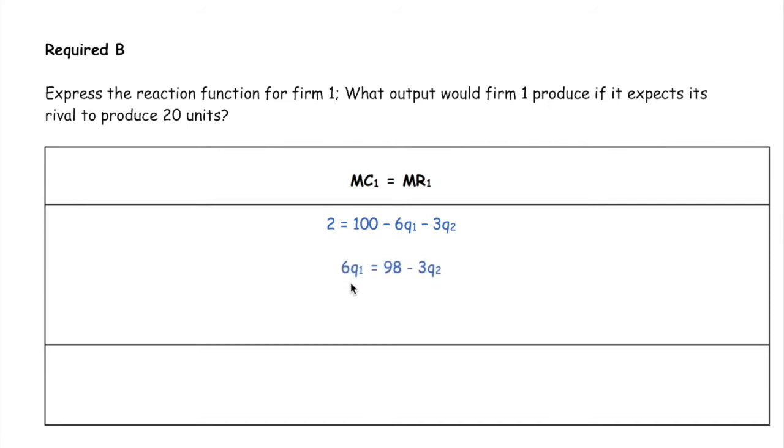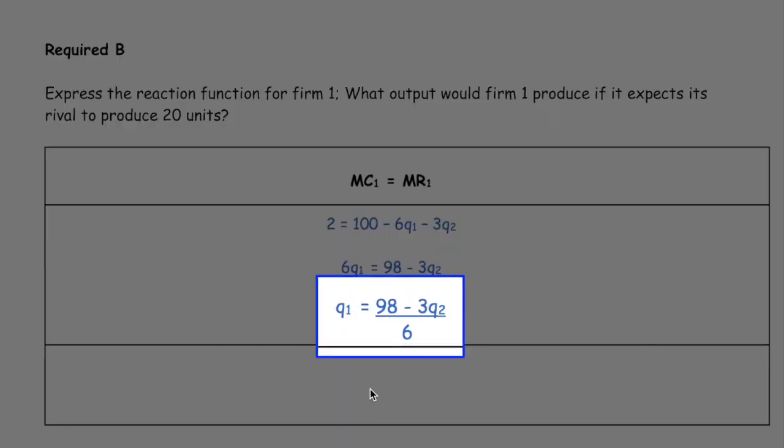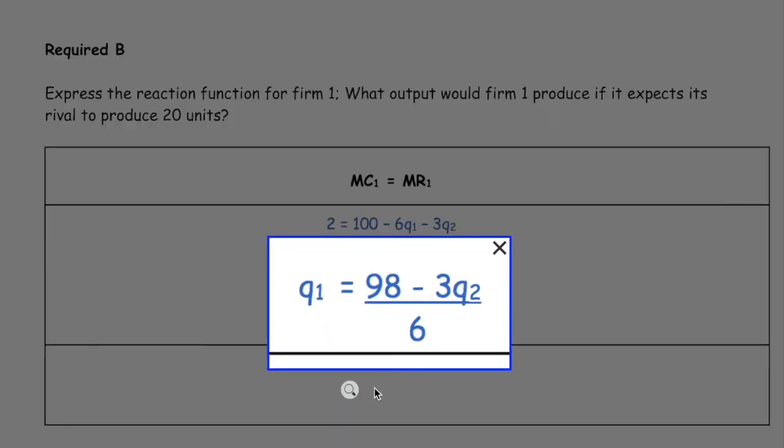So if we work out the math, we can argue that positive 6Q1 equals 98 minus 3Q2, and that's simply because when I bring this guy over, we switch the sign, we make it positive, and 100 minus 2 is going to be 98. And now to isolate Q1, we can divide both sides by 6 and argue that firm 1's reaction function is 98 minus 3Q2 all over 6.